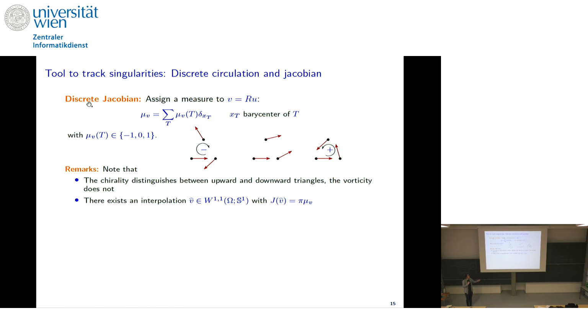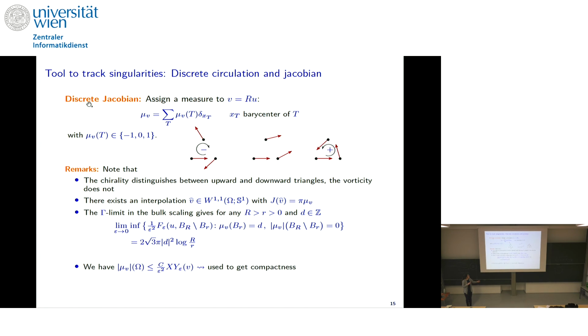But maybe the more important observation is that I can now find an S1 valued interpolation, for which I can make sense of a distributional Jacobian of this continuum spin field, which coincides up to a factor pi with my discrete vorticity measure.